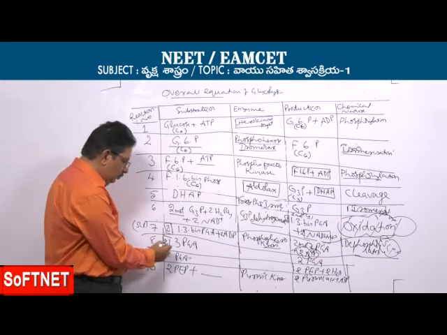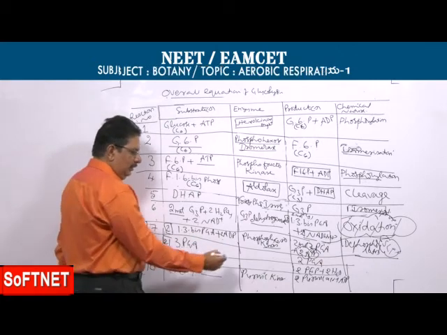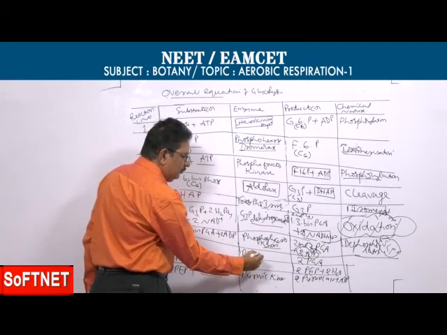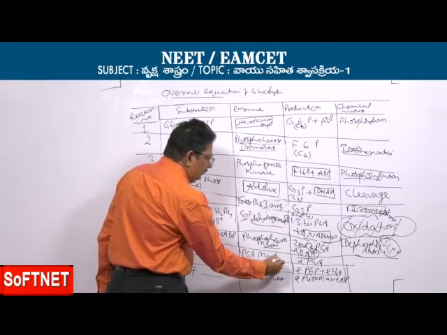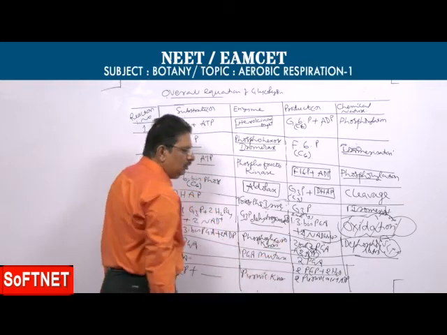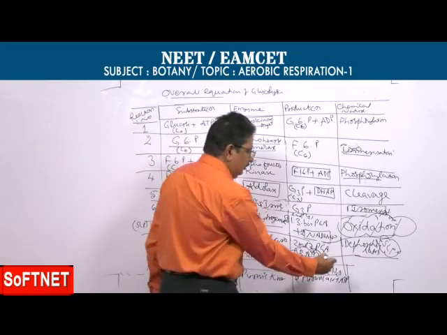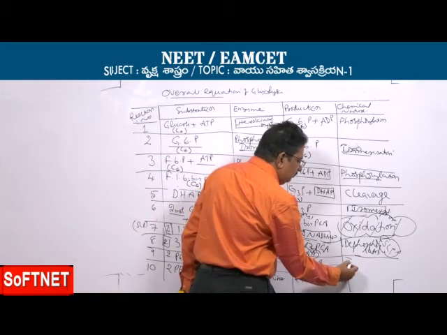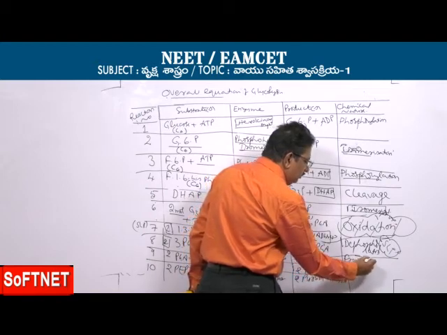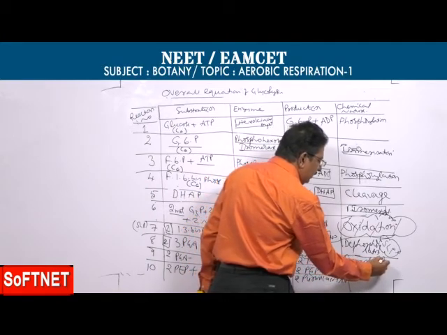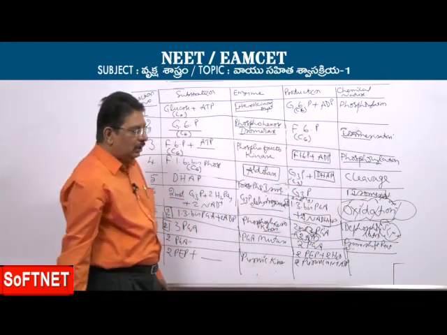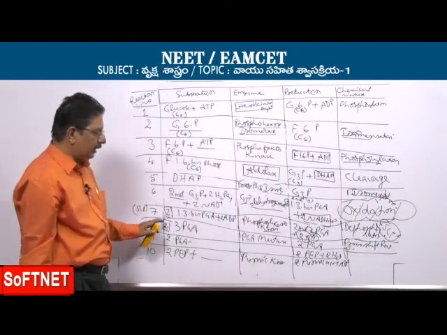And the 8th one: 2 molecules of 3-PGA in the presence of phosphoglyceric acid mutase convert into 2-PGA, which is another reaction, otherwise called frame shift reaction or intramolecular group transfer.